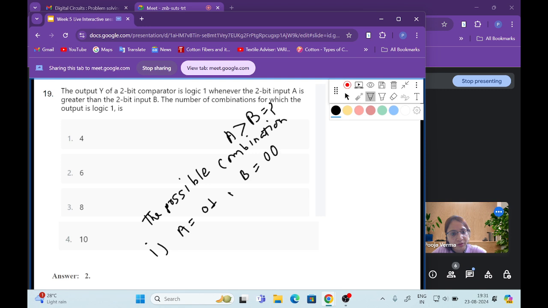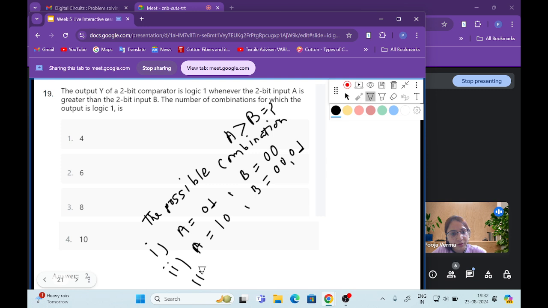This is the first possible combination where A is greater than B, right? Now next case is we can't take A is equal to 0, 0 because 0, 0 is lowest. So we are taking the larger. When A is equal to 1, 0, then what will be the possible combinations where B will be less than that, that is 0, 0, and second one is 0, 1, right? Then in that case, A will be greater than B.